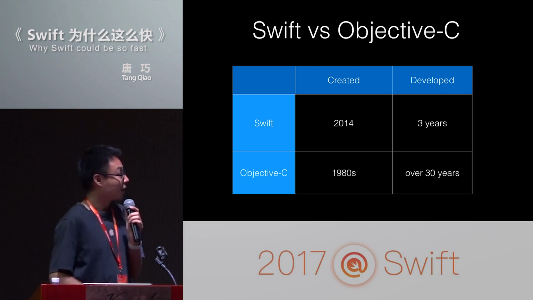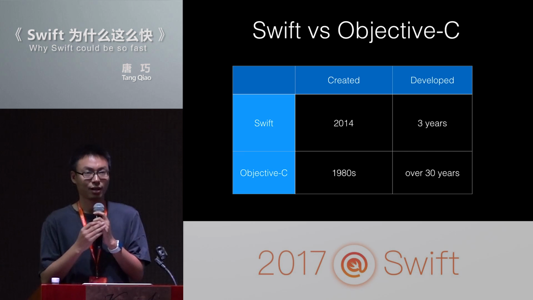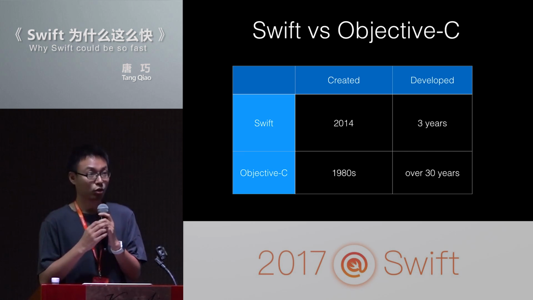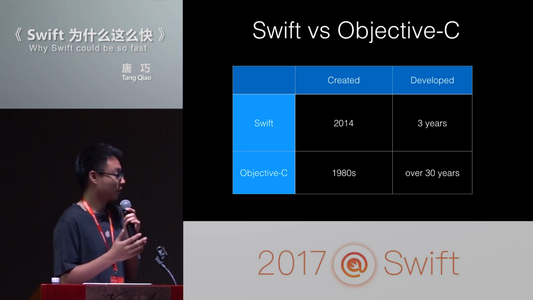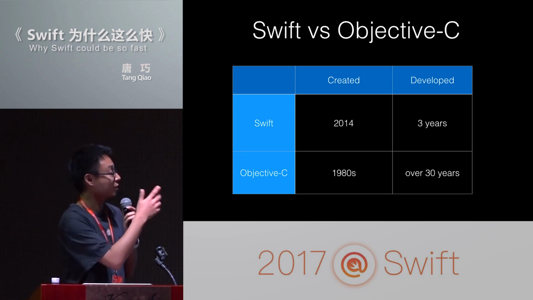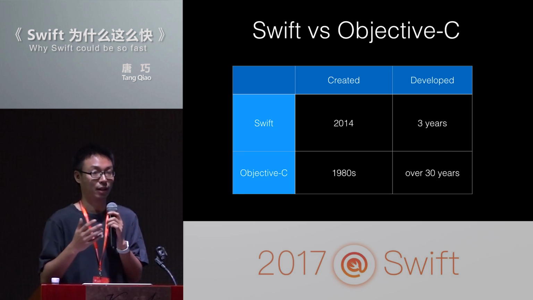We know Swift is a modern language, but sometimes I still think it's a little weird, because during the past 20 years, Objective-C was the only programming language for macOS and iOS.